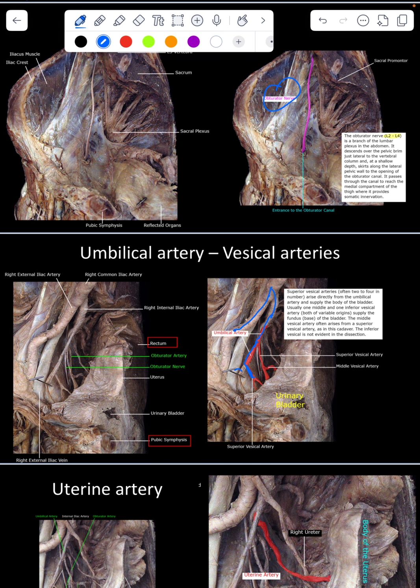So this thing right here is like the remains of it, which they clamped off, which had no use after you were not a fetus anymore. So superior vesicle, and you can see it hitting the bladder. So that's why I was saying, don't get too bogged up with the order that they go in, whatever. Just look at, it's coming off the anterior, it's hitting the bladder, superior vesicle.